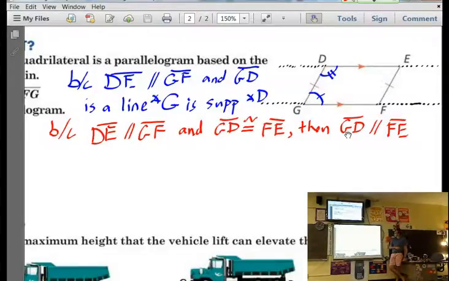But couldn't you say that without saying that G and D are supplementary? Yeah, we could. Like I said, I could state this next, but if I want any angle relationships, I use that.